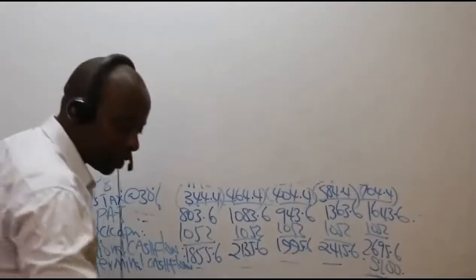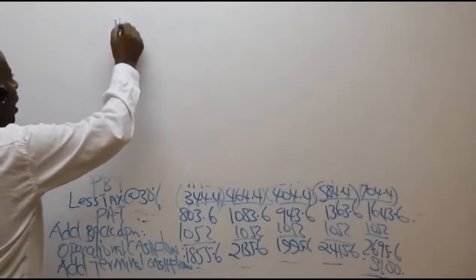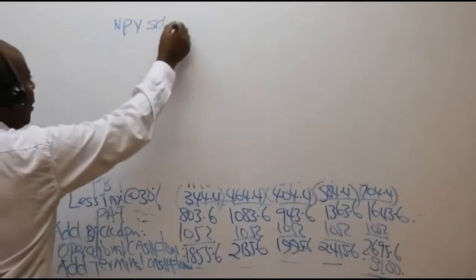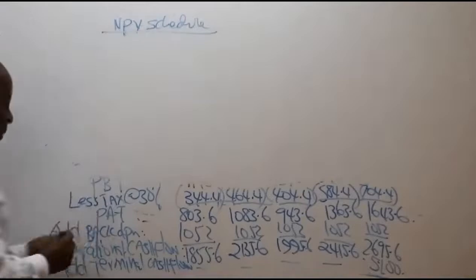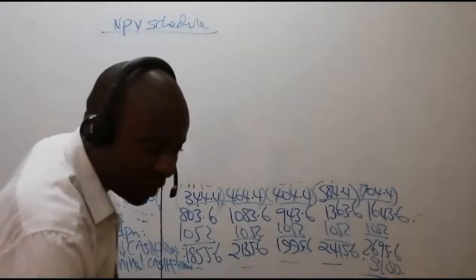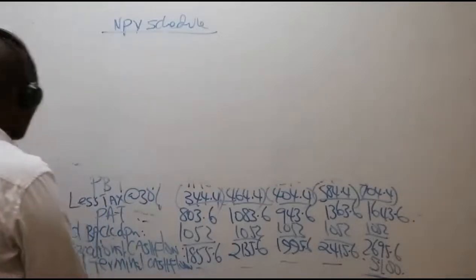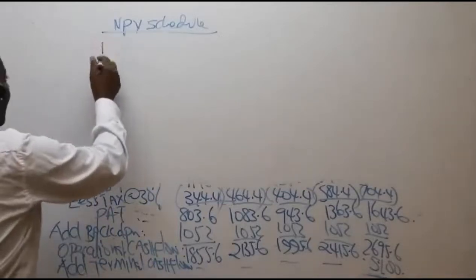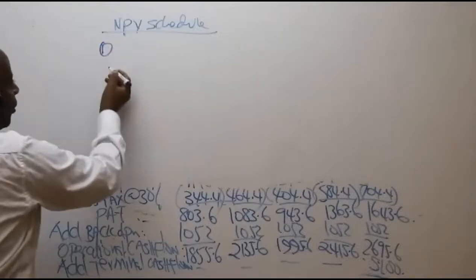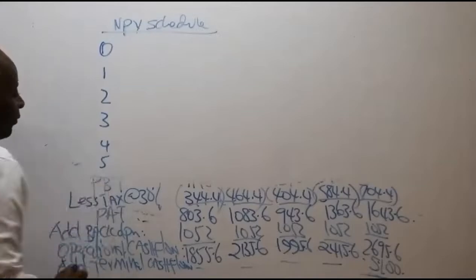Thank you very much. So in this case, ladies and gentlemen, now we have our net present value schedule. You can begin from year 0. Year 1, year 2, year 3, year 4, year 5.